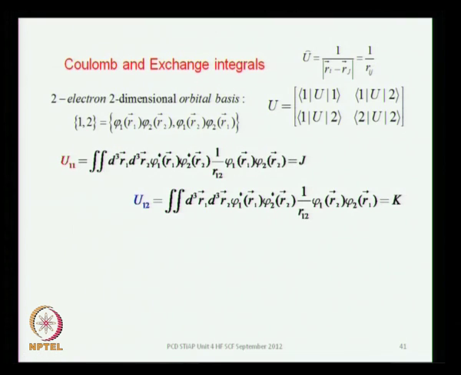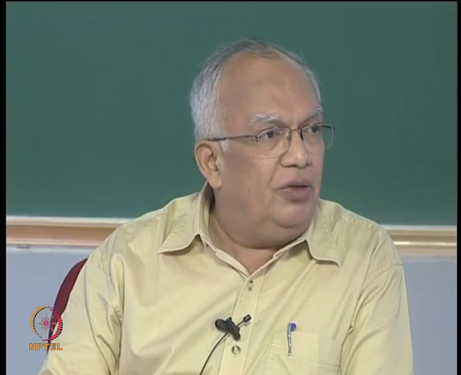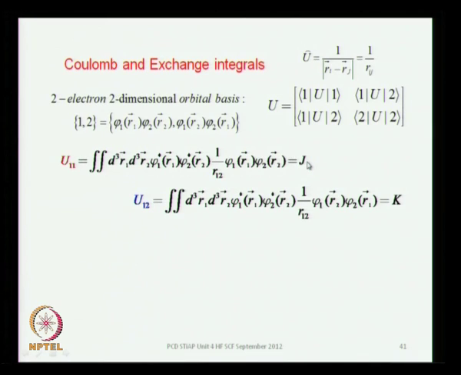So, this is actually an integration over 6 space variables. Okay. So, this is the matrix element U12, which you write as K, and this is usually referred to as the exchange integral. So, these are our definitions of the Coulomb integral and the exchange integral, and they will appear in the many electron formalism throughout.